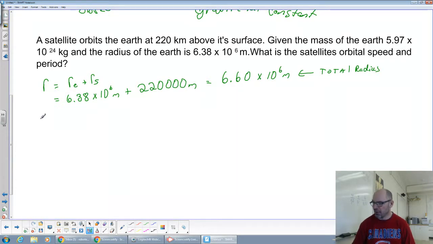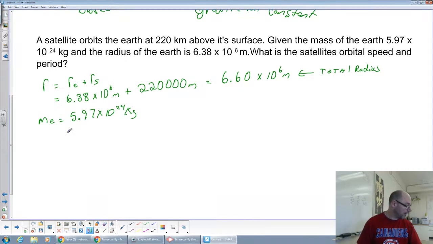Okay, and now we know the mass of the Earth. And so we can use that information now to calculate our orbital period and velocity. So let's go and do the one that we just did here.